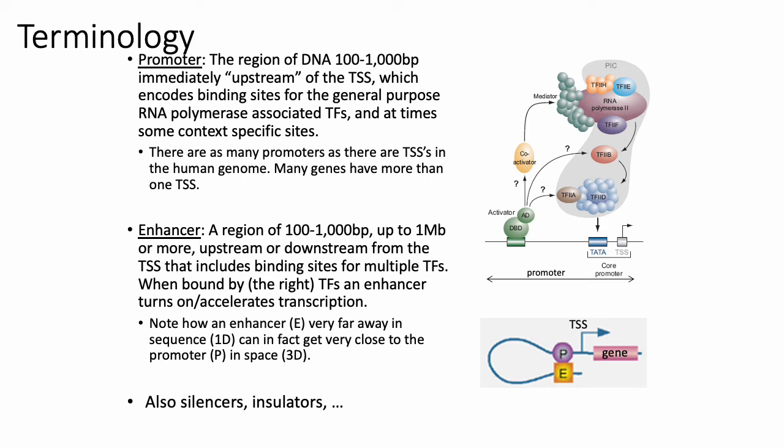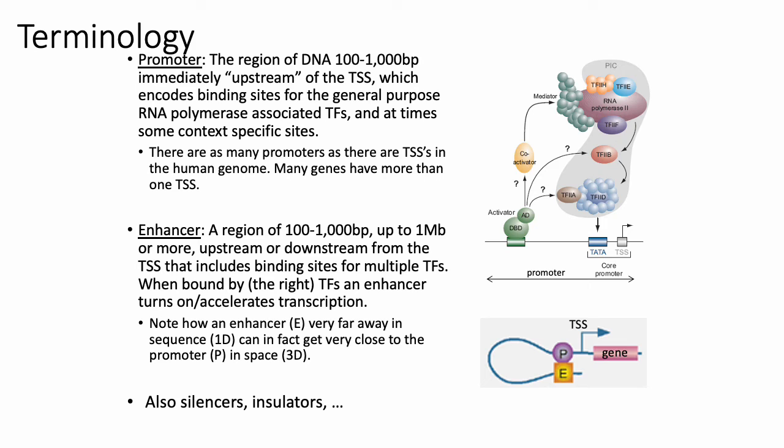In contrast, enhancers are also regions that can range in size, but they're typically 100 to 1 kb segments. It's worth noting that some enhancers, so-called super enhancers, can stretch tens of kilobases long.